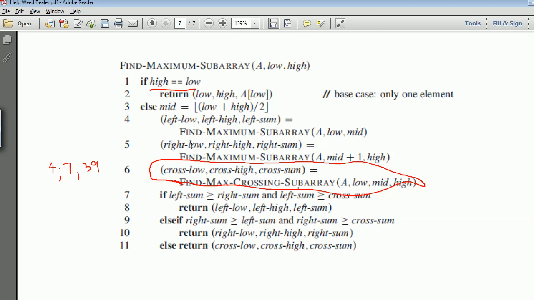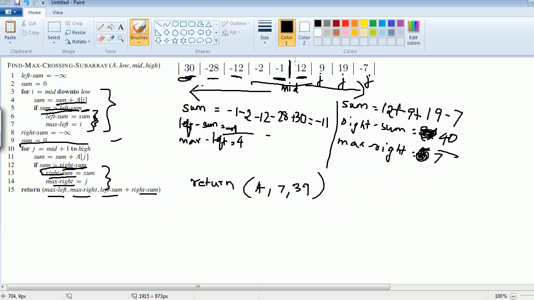And for this, okay, this is a recursive call. Now what this does is it will try to recursively compute the maximum sum subarray of this array.